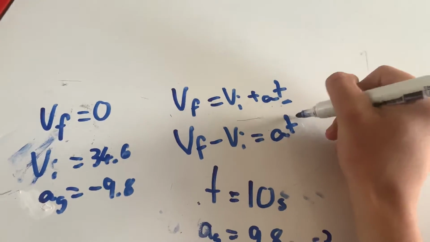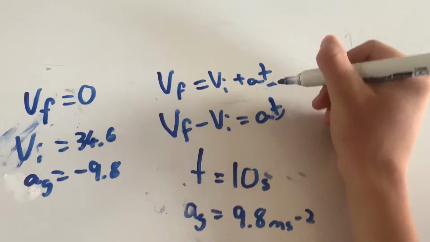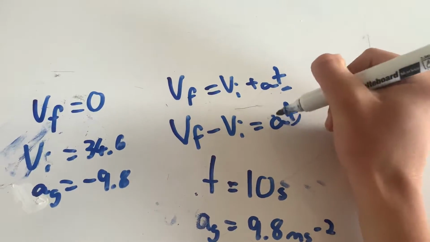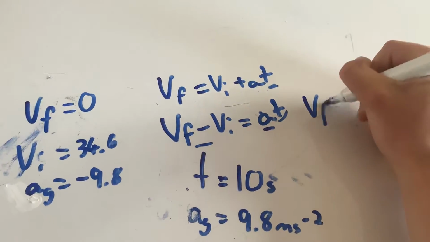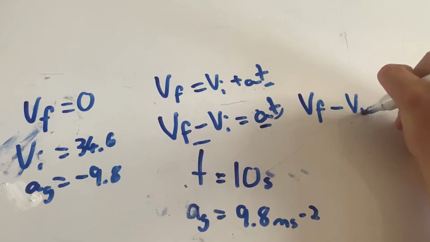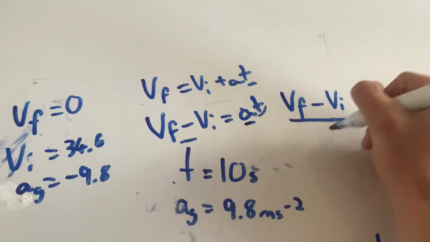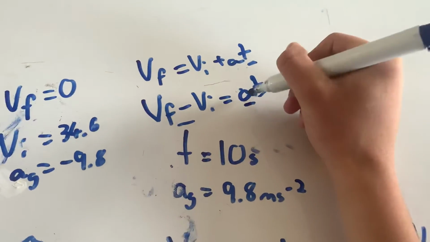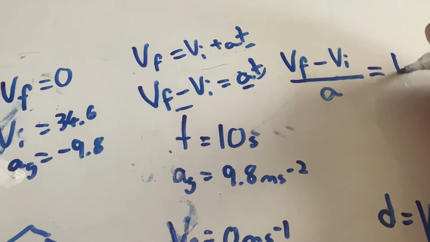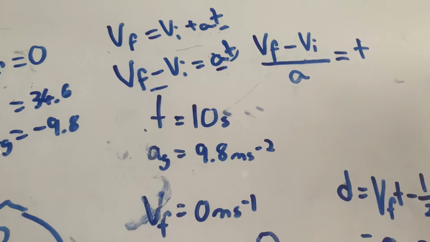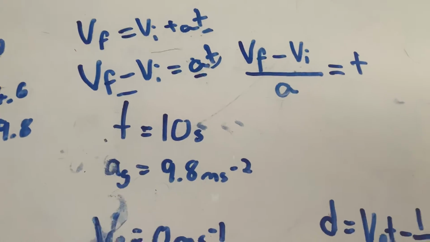But we still only want time. So now we divide both sides by A. So it's going to be VF minus VI over A, because you're dividing both sides by A to get rid of it, equals time.